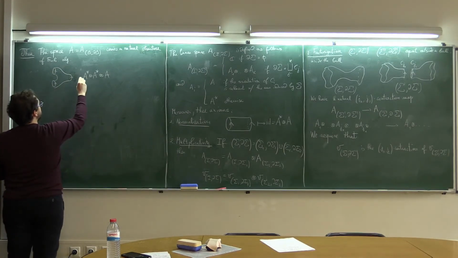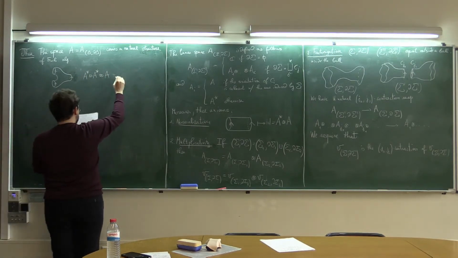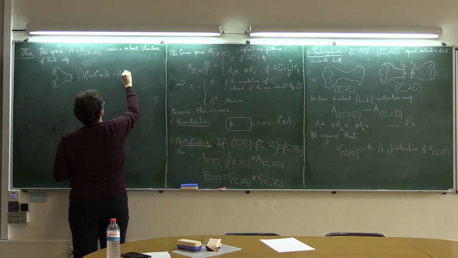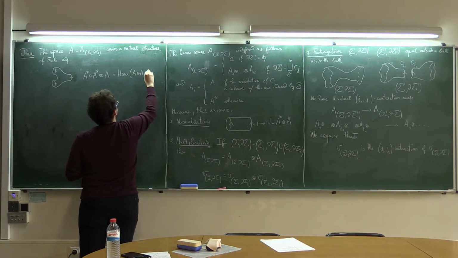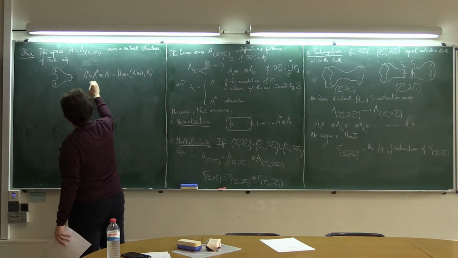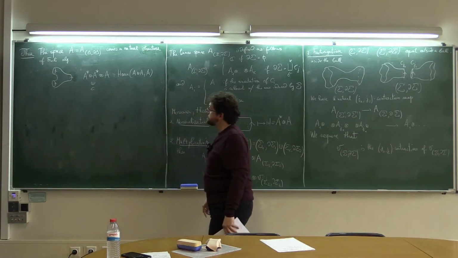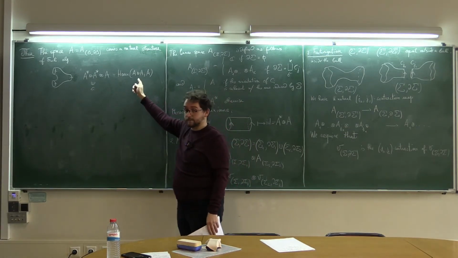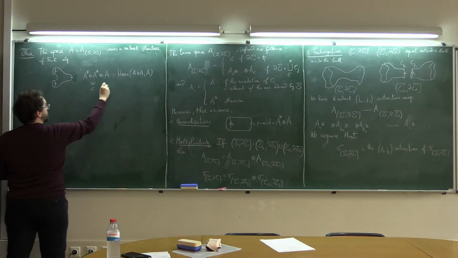And moreover, we also have a vector inside this. This is just the space of morphisms from A tensor A to A. In particular, we also have a vector. Such a vector, C, defines a product on A. So this defines the product.